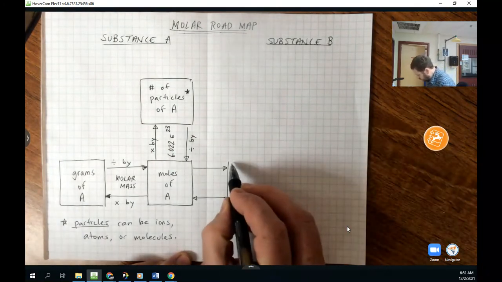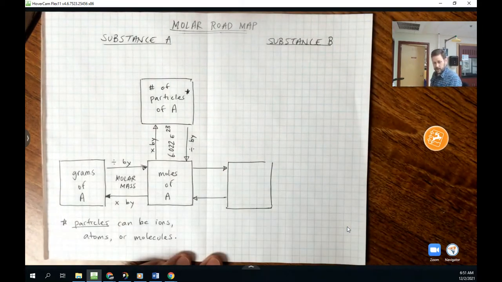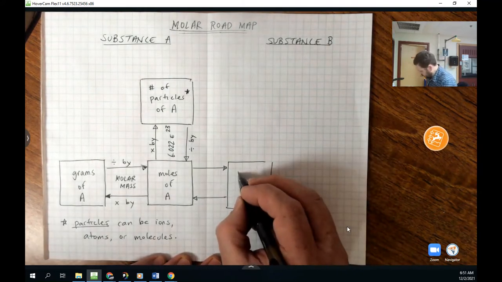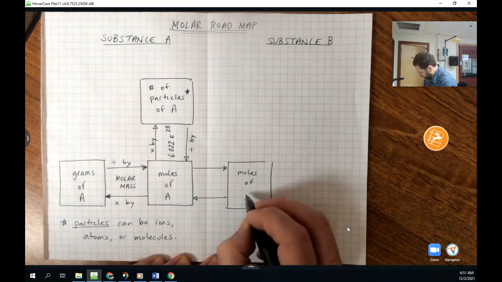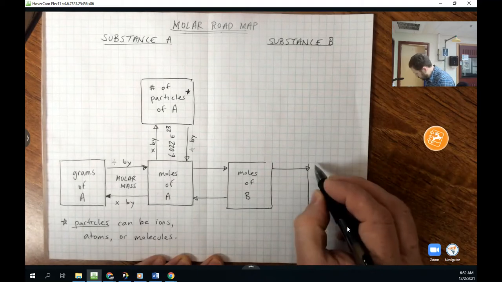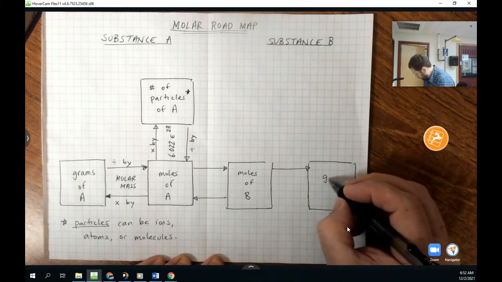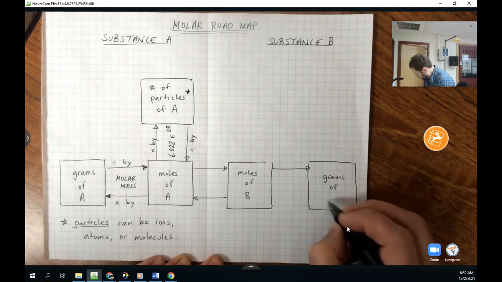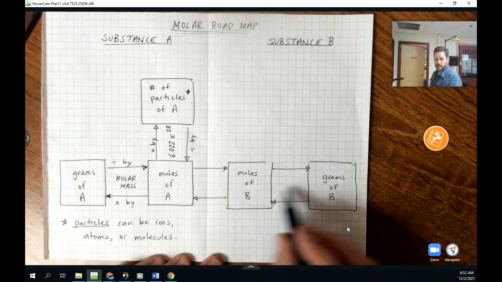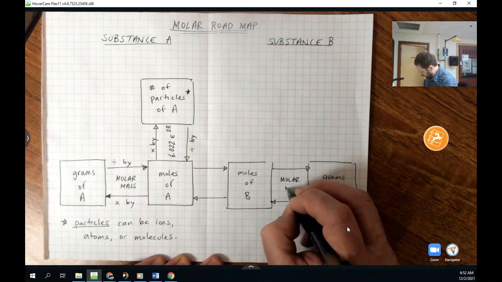So first, we're going to draw a box here that is just like a mirror image of what's on the left, but in this case, we're going to be talking about substance B. So this is going to say moles of B. And this is going to say grams of B. And of course, if we want to convert between moles and grams, we'll use molar mass, just like we did in the first case.